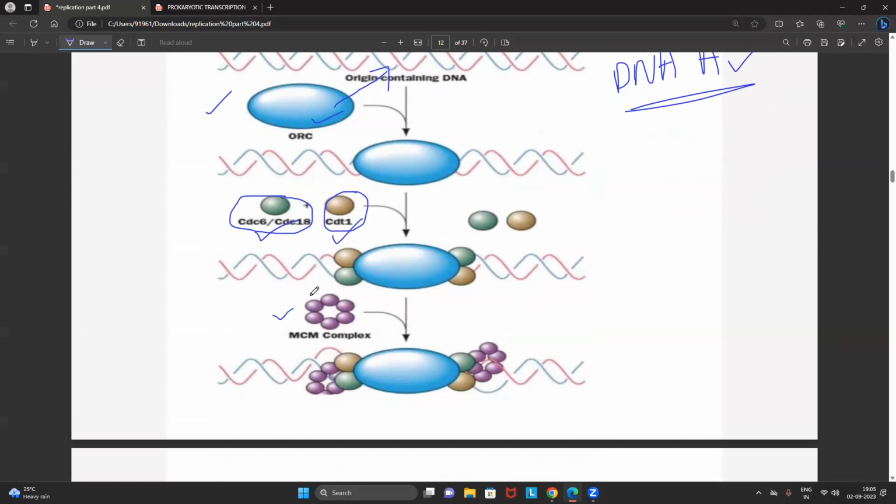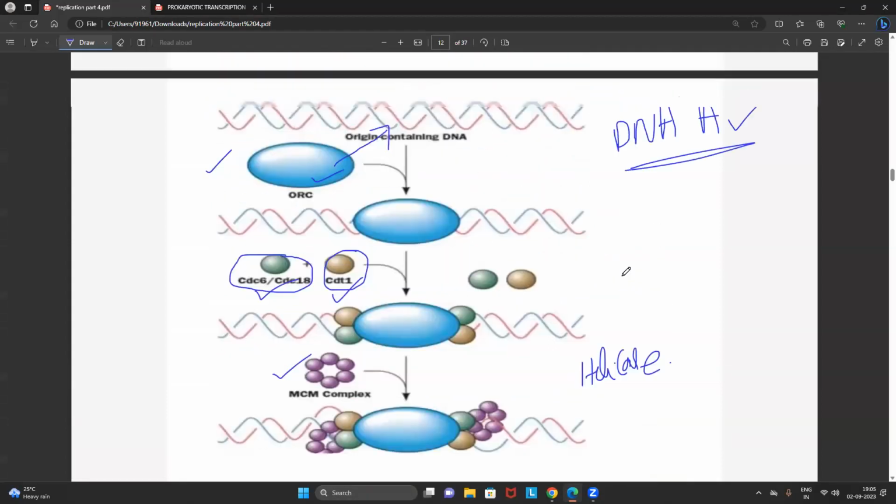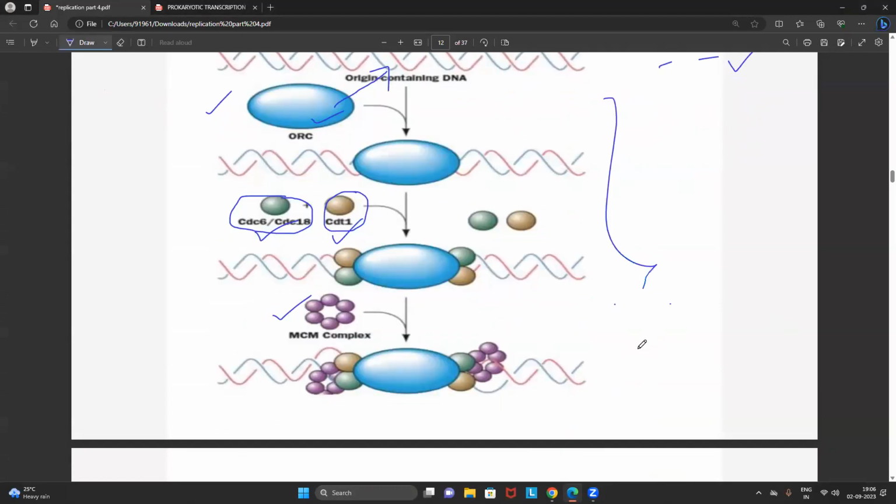They recruit the MCM complex. I told you that MCM is the protein which acts like a helicase enzyme. All these events take place in which phase? G1 phase.